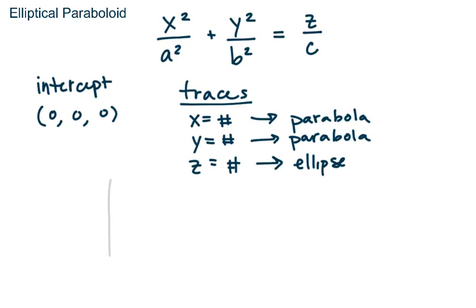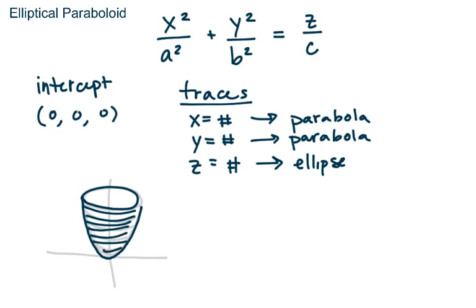And what this looks like is what we already have drawn. We have this elliptical shape, and then we've got this parabola rotated around, in this case, the z-axis. So this is what an elliptic paraboloid looks like.